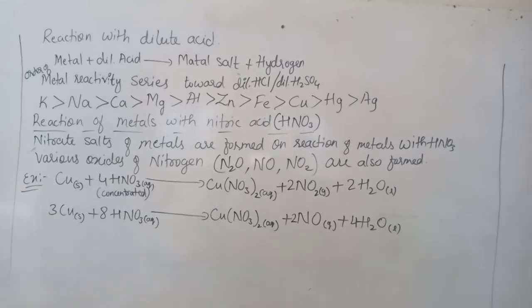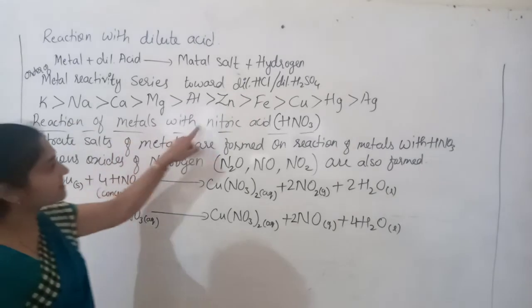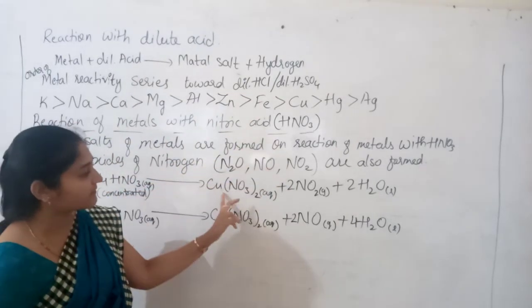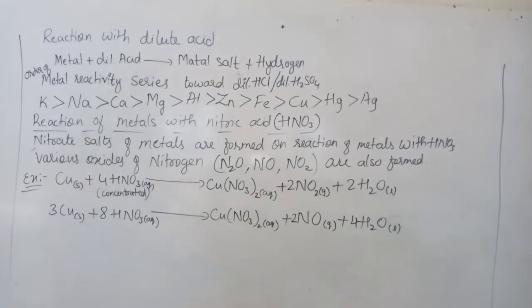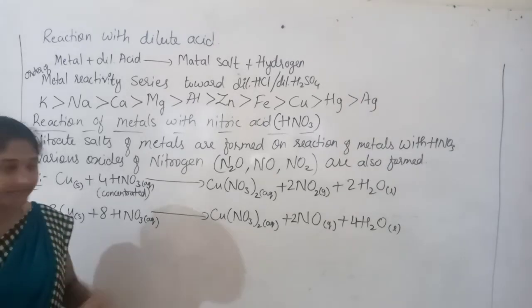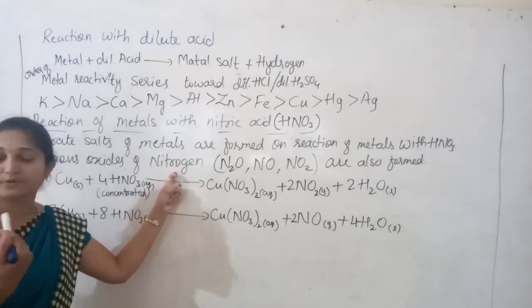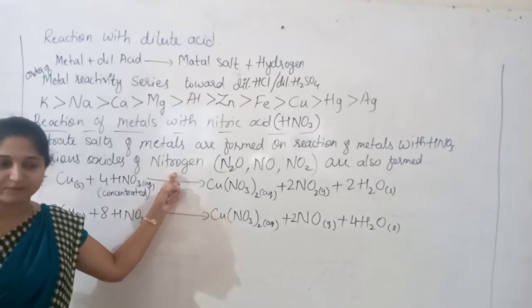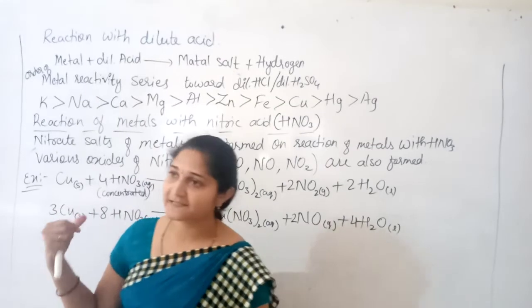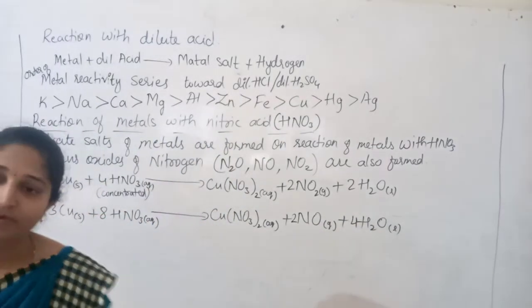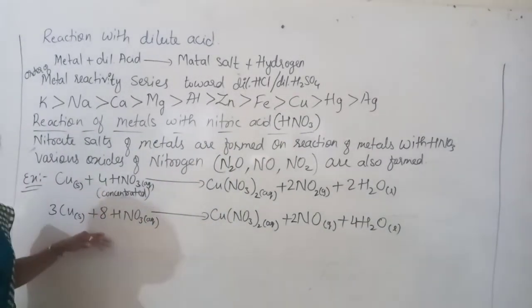When magnesium and manganese react with nitric acid, they evolve hydrogen gas. That is an exception.